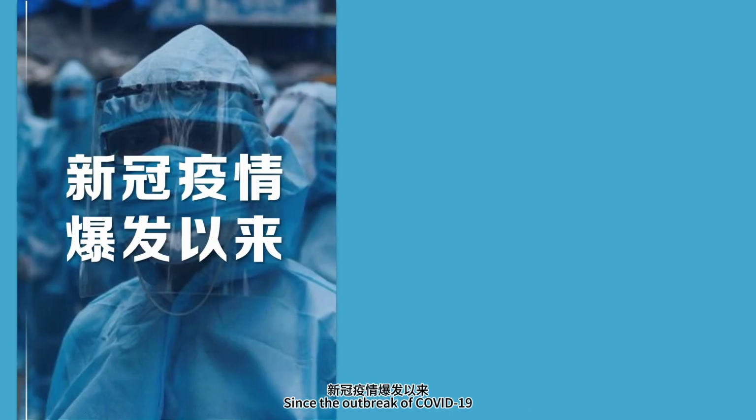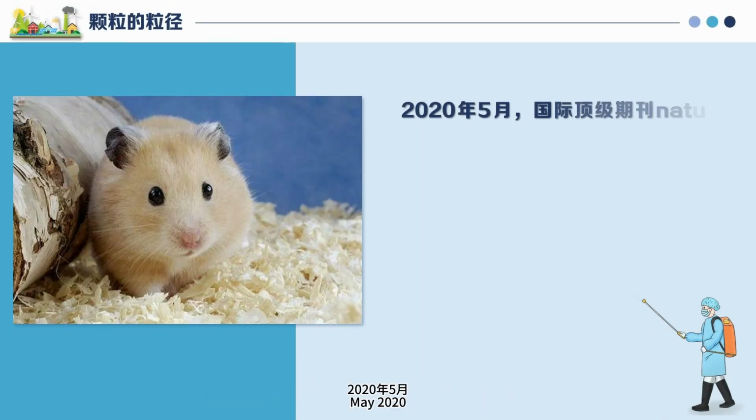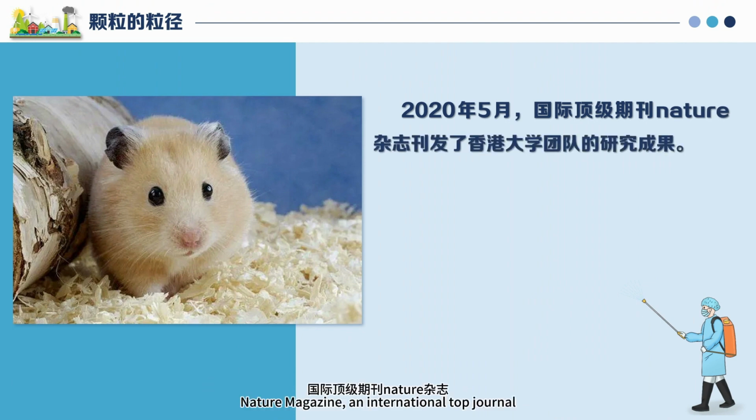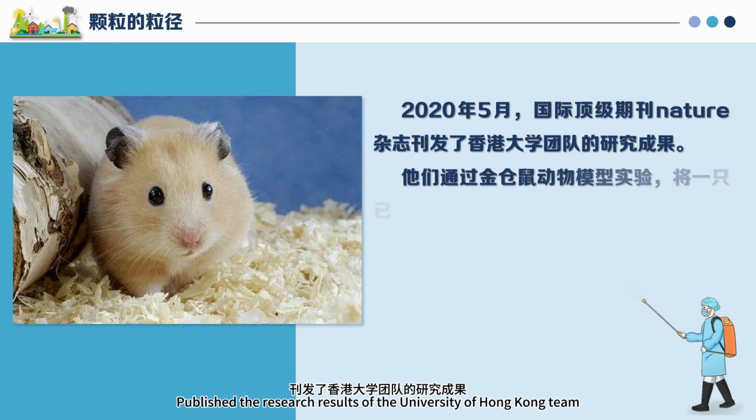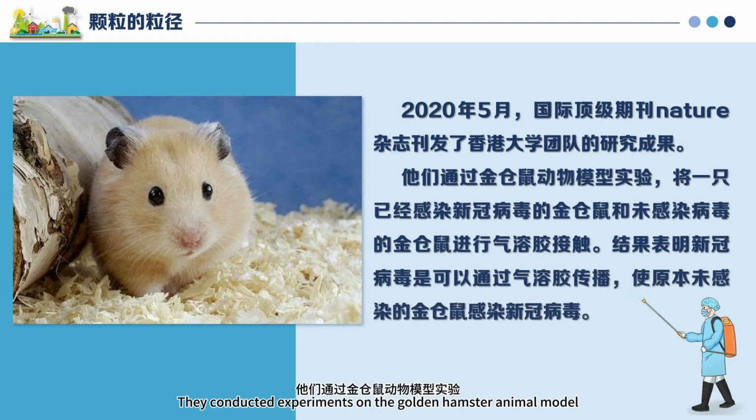Since the outbreak of COVID-19, whether the virus can be transmitted through aerosols has always been one of the focuses of academic attention. In May 2020, Nature magazine, an international top journal, published the research results of a University of Hong Kong team. They conducted experiments on the golden hamster animal model, putting a hamster infected with COVID-19 in aerosol contact with uninfected golden hamsters.